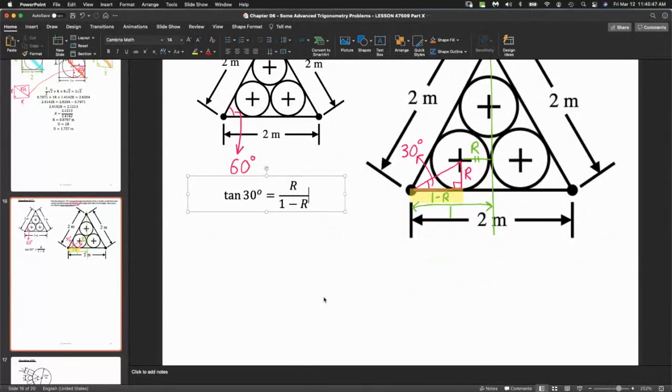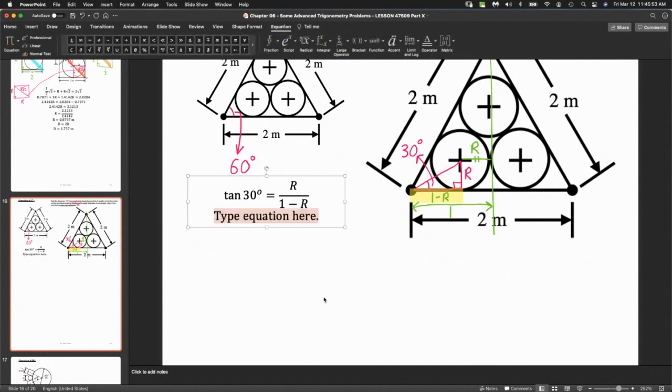At this point, guys, we're gonna just go with some calculator work. Can someone give me tan 30 on their calculator? 4 decimals. Thank you.